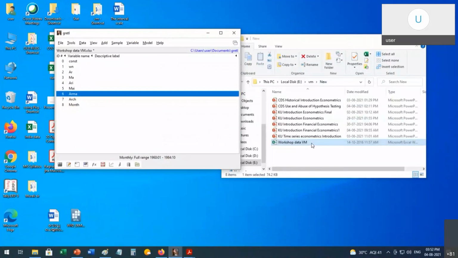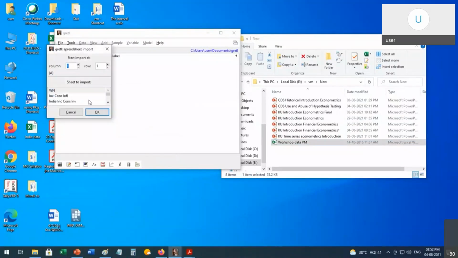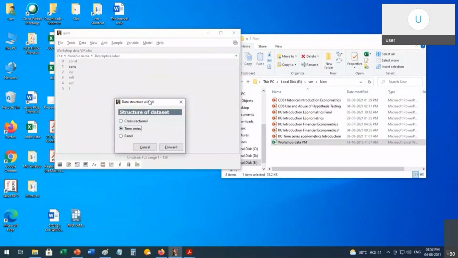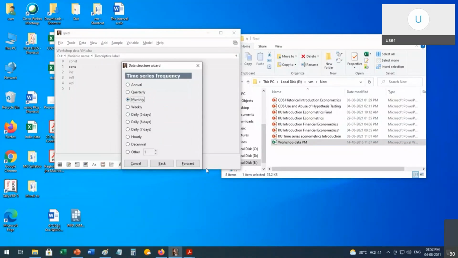Let us take that particular sheet. So we drag and drop and we say yes. Then the second sheet, income, consumption, inflation. Click OK. This also is a time series data. Click yes. Mark time series. Monthly data.